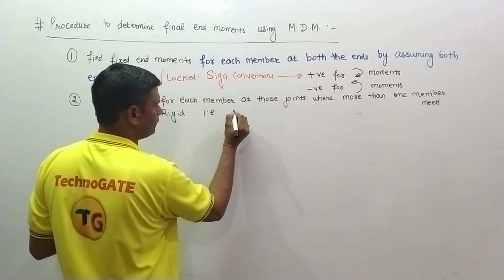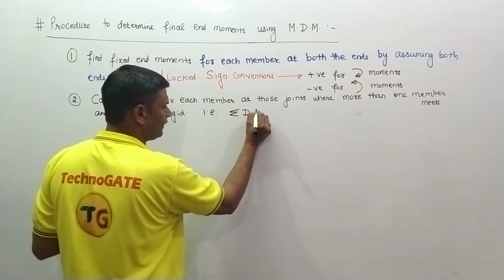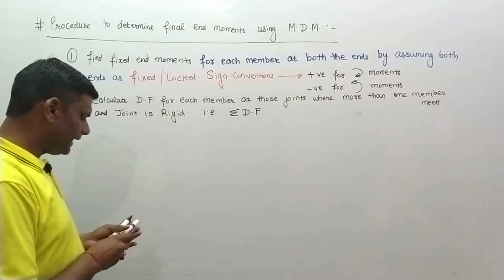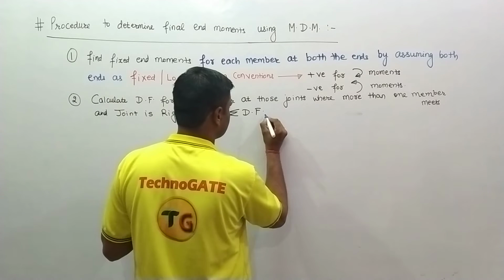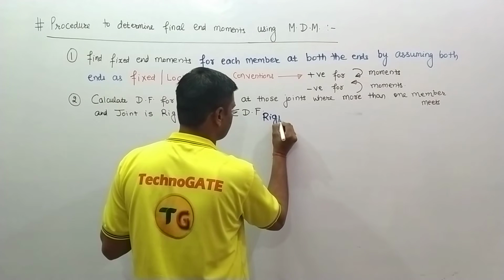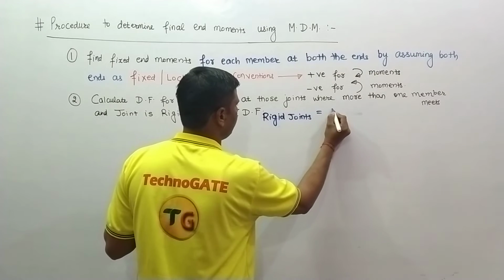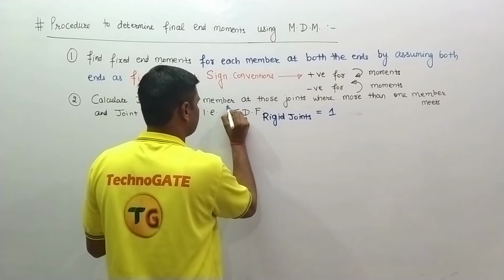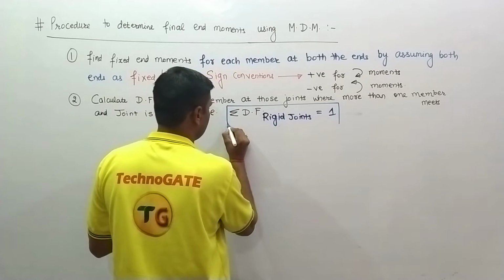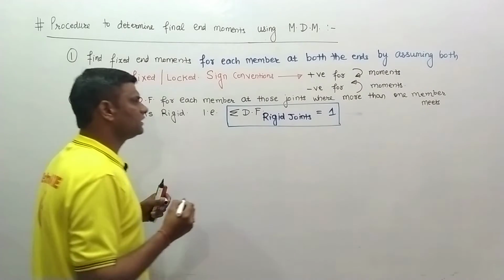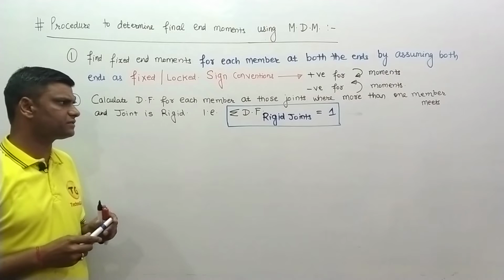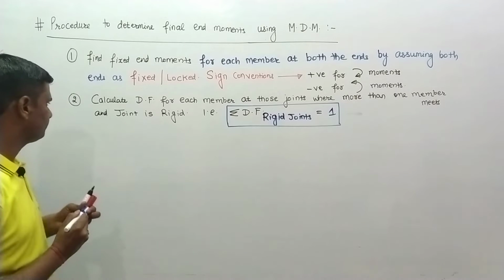That is, the algebraic sum of all the distribution factors at a rigid joint must be equal to 1.